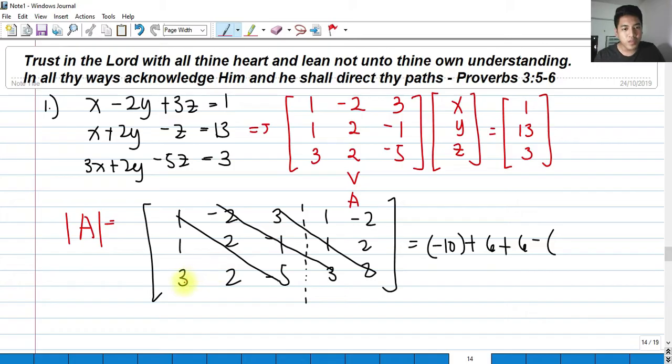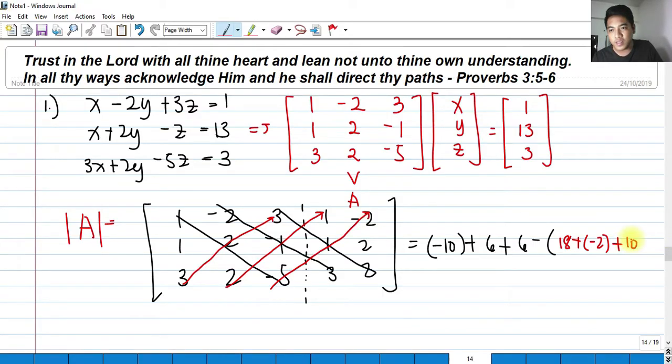So 3 times 2 is 6, times 3 is 18, plus 2 times negative 1 is negative 2, times 1, that is plus negative 2. Again, plus negative 5 times 1 is negative 5, times negative 2, that is plus 10.